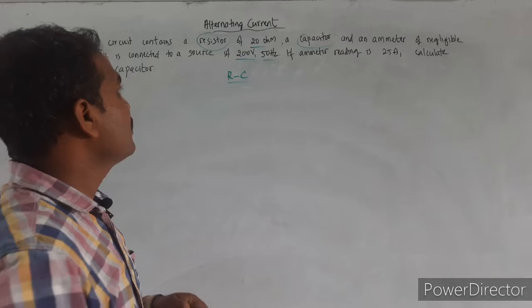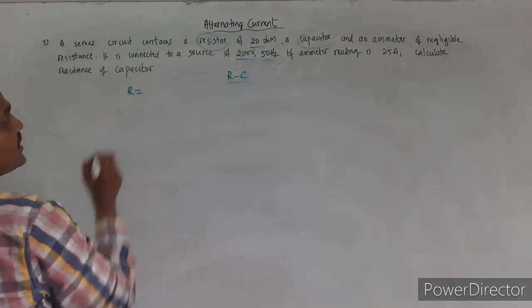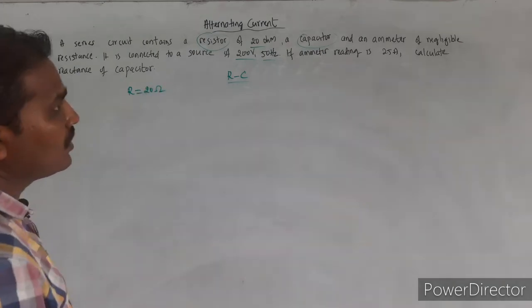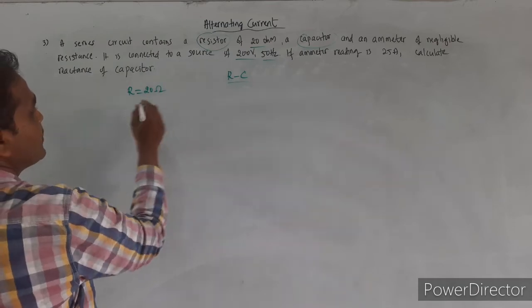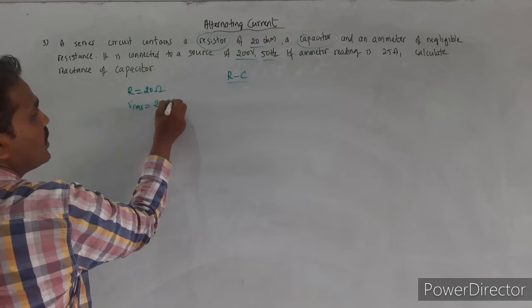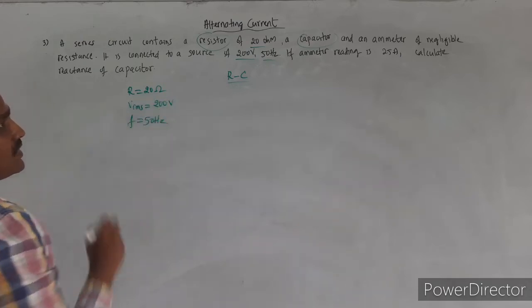Let us first write down the data given. The resistance of the resistor is R is equal to 20 ohm. The source voltage we take as Vrms is equal to 200 volt and the frequency is 50 hertz.